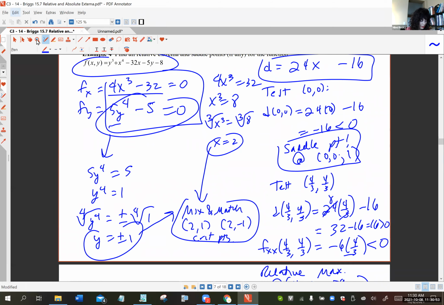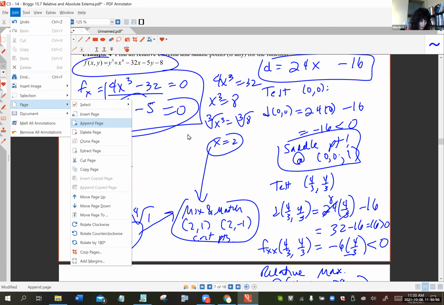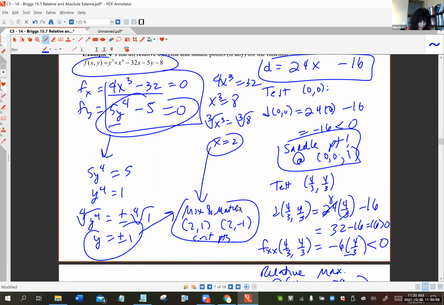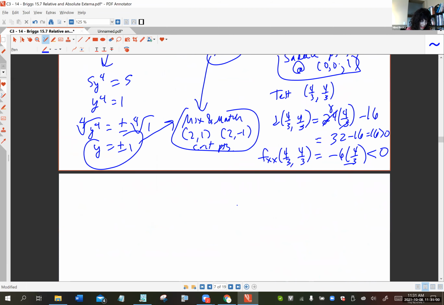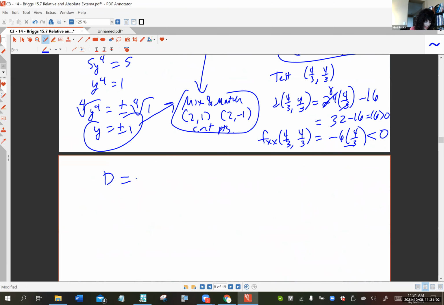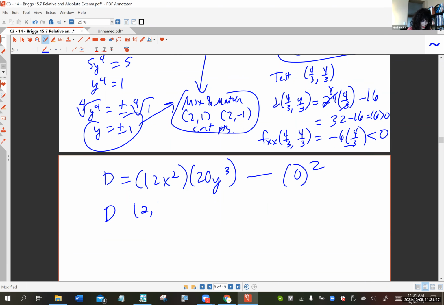And the D-test is pretty easy on this one. It's just a polynomial function, so these are really easy to get. So your D is going to end up being fxx, which is 12x squared, times fyy, which is 20y cubed, minus fxy squared, which is 0. And if you evaluate, let's do the (2, 1).